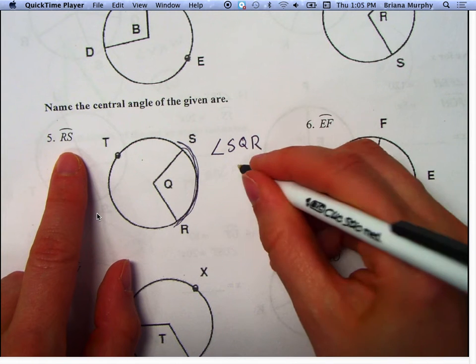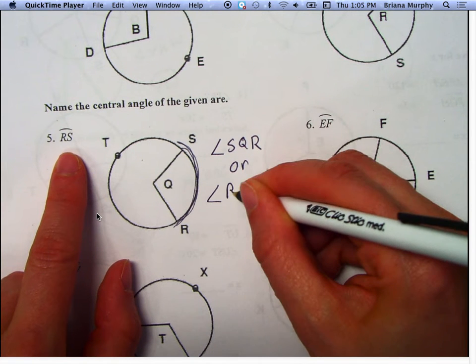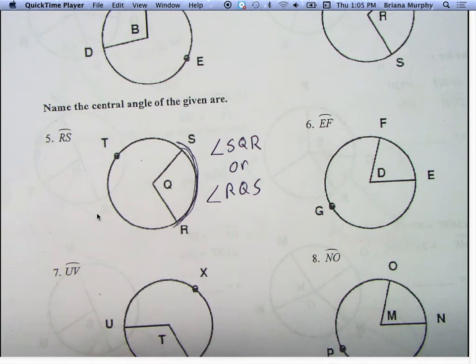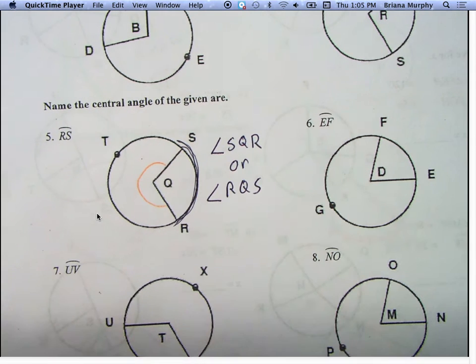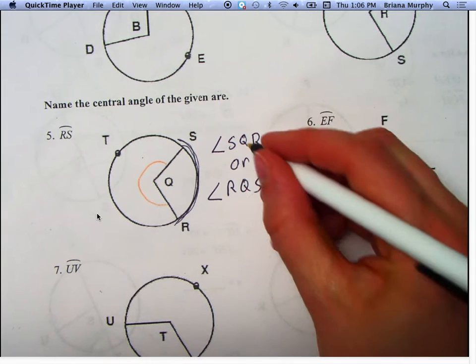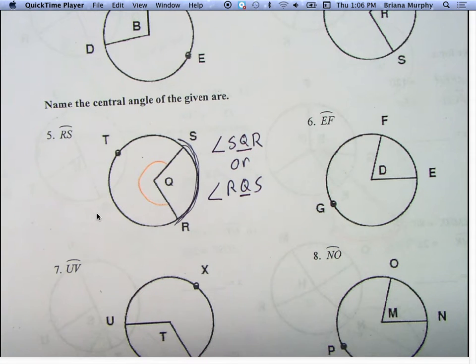SQR or RQS. You have to name those. You can't just say Q because I could think you meant this angle on the outside. So you have to list those 3 things, okay? Whatever is in the middle has to go in the middle. Middle. All right, that's easy.